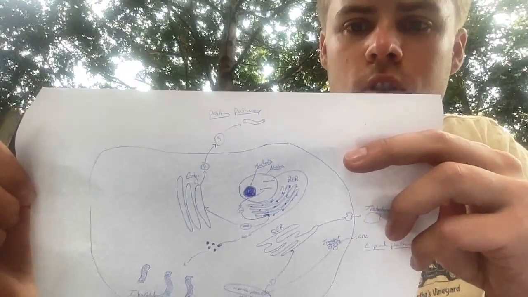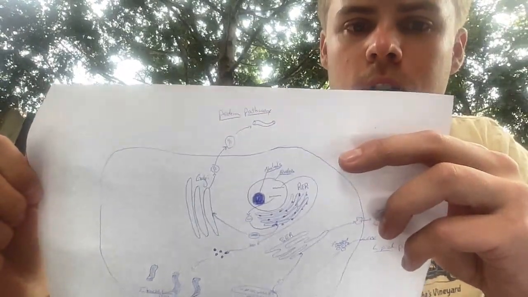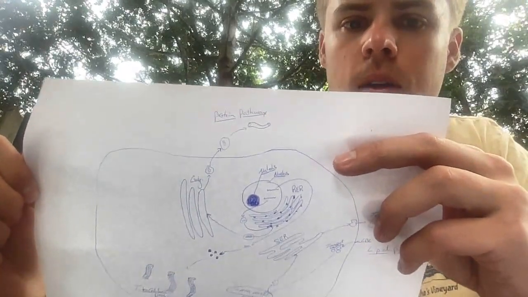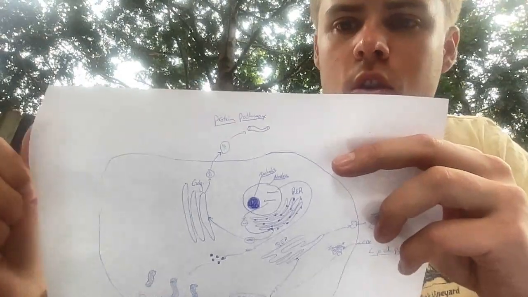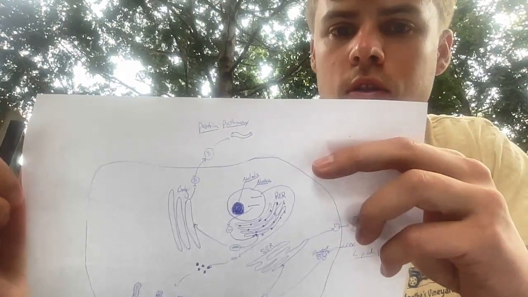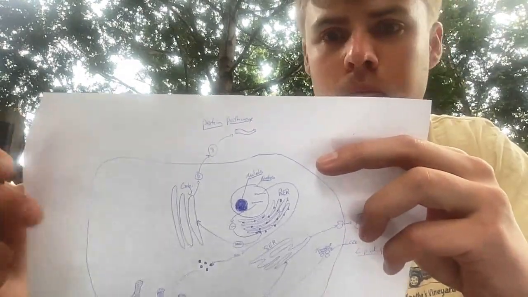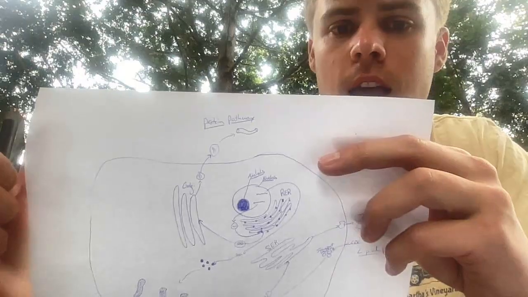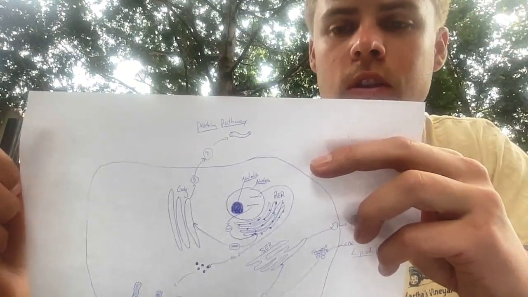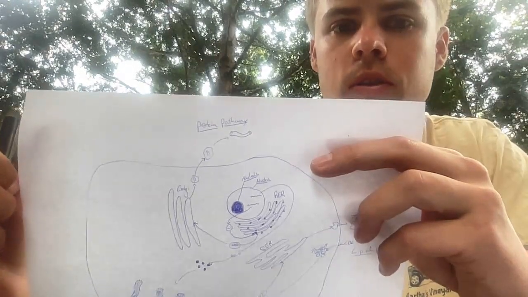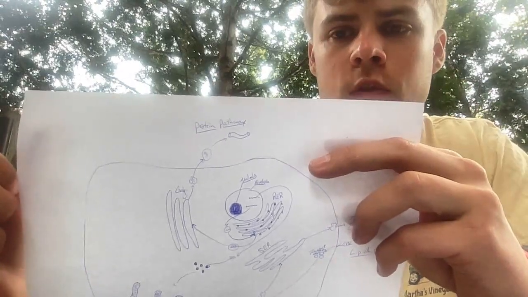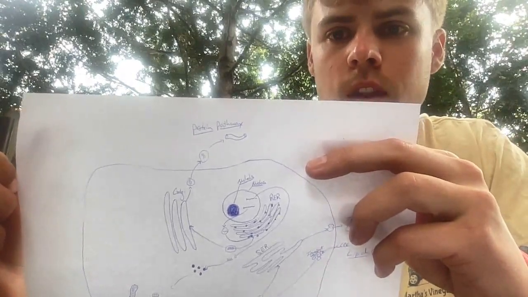After translation, it is a precursor called pre-pro collagen. Pre-pro collagen is transported to the Golgi, and through the Golgi apparatus it goes through a series of reactions and is secreted and transported through secretory vesicles to the plasma membrane.